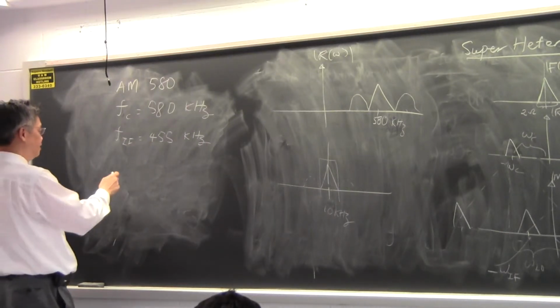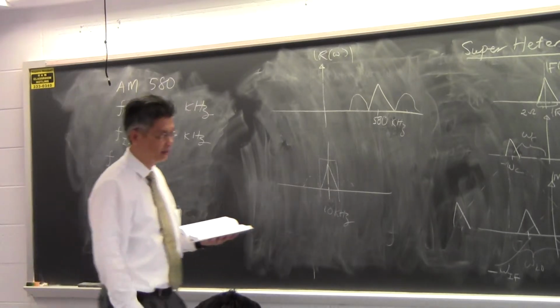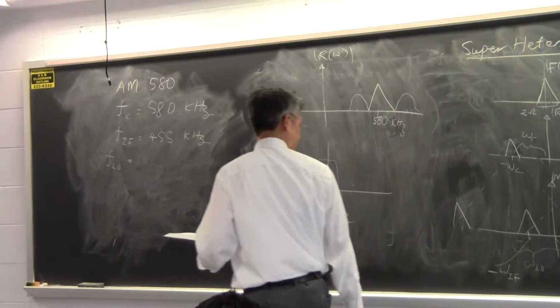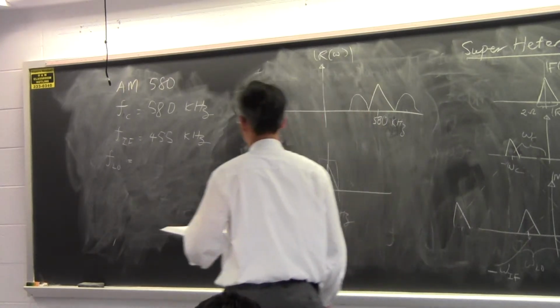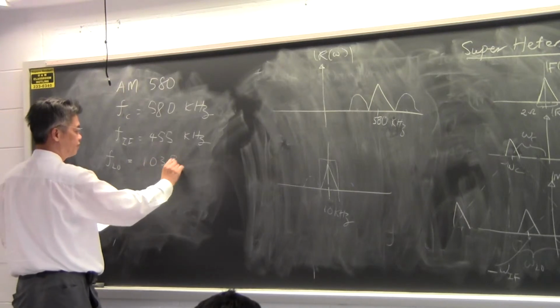Okay? And then the local oscillator that you need is the sum of the two, because the local oscillator frequency is this frequency plus that frequency. So if you add up the two, your local oscillator is 1035 kilohertz.